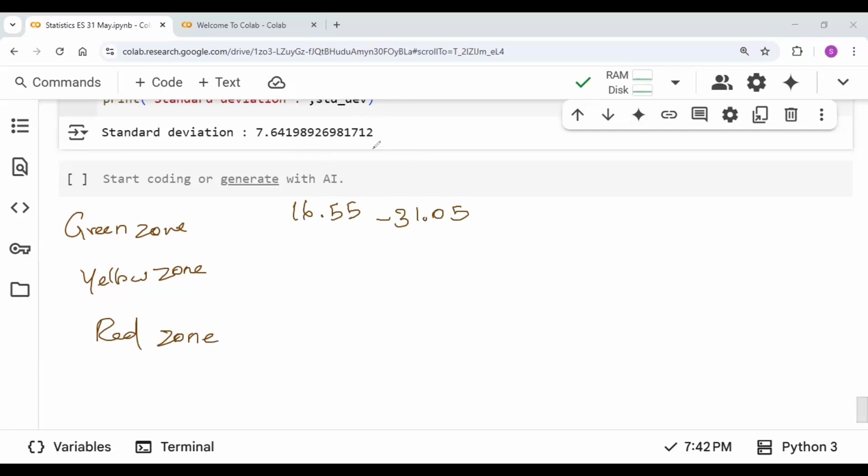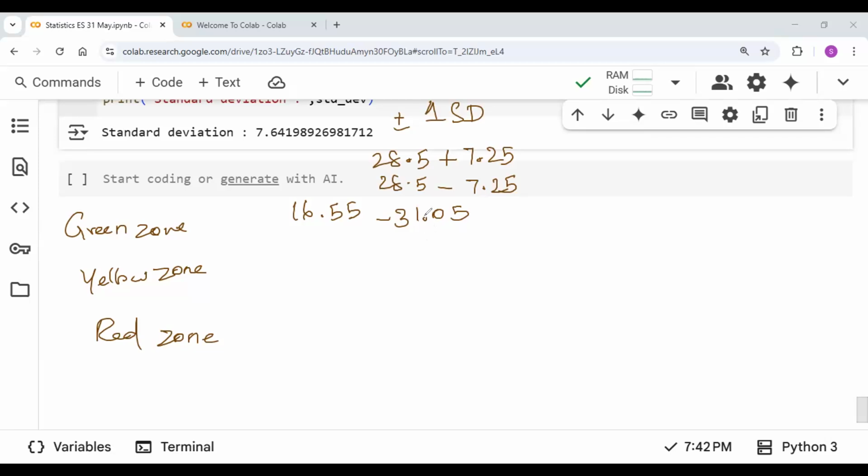I'm just giving 28.5 plus 7.25, whatever the standard deviation is. This is plus or minus 1 standard deviation, 1 times. Are you getting this range of values?